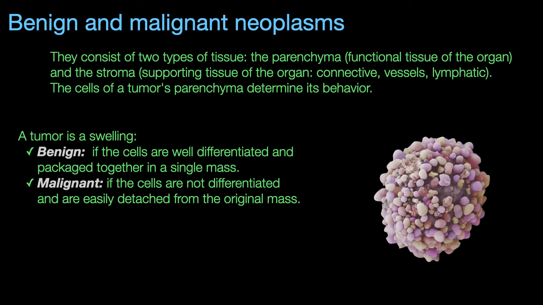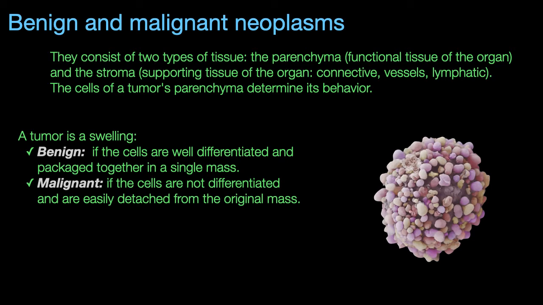Okay, and you know that we may have benign or malignant neoplasms, and neoplasms have two types of tissue. First, we have the parenchyma, which is the functional tissue of the organ. If you think about any organ like the liver, the parenchyma will be formed by the hepatocytes that do the function of the liver.